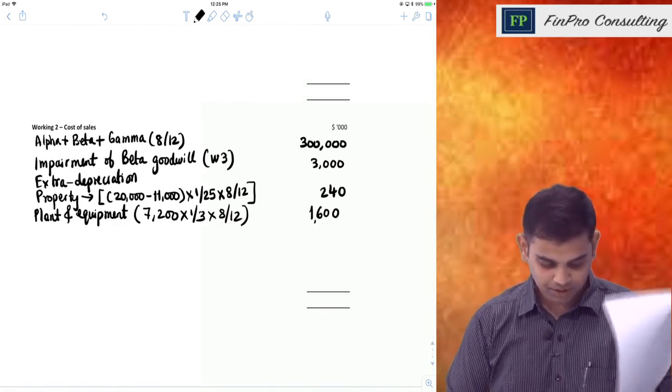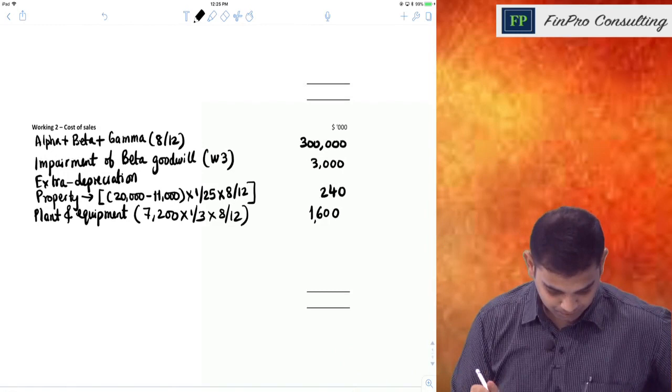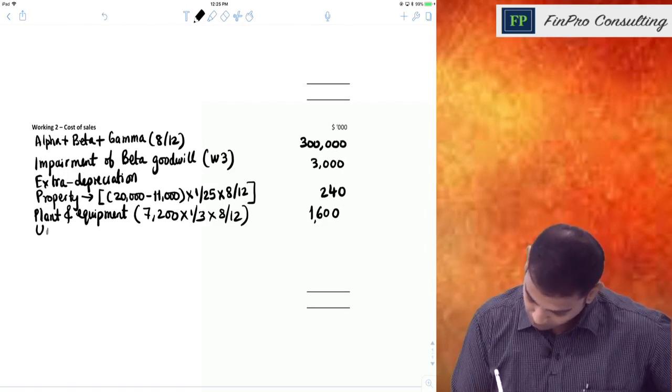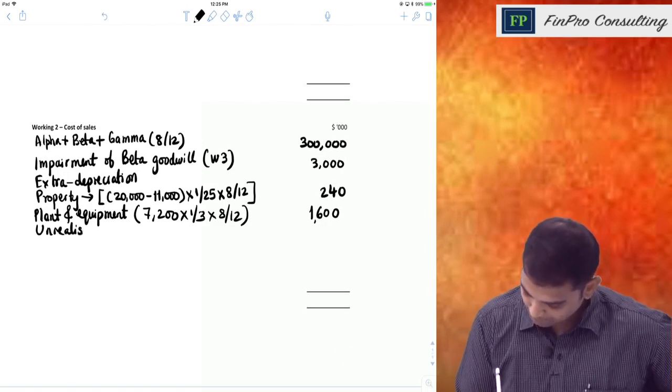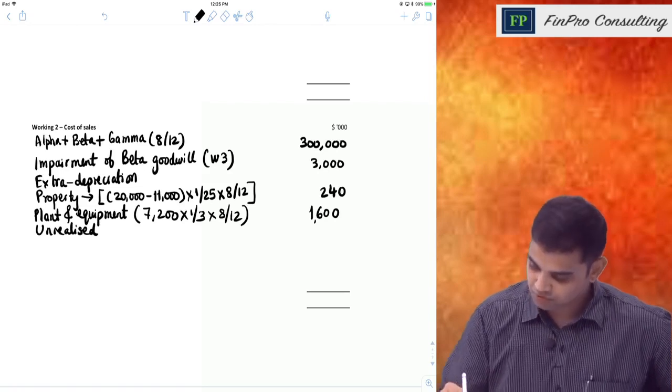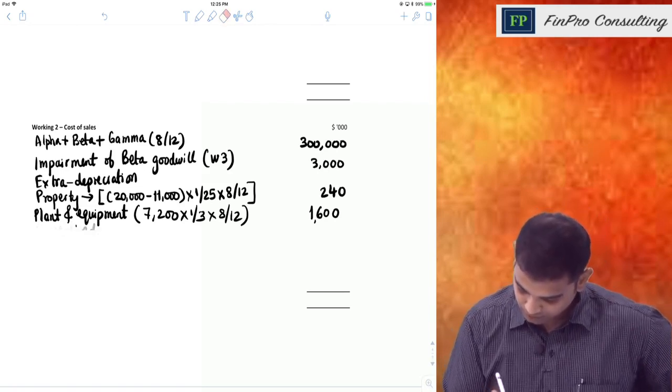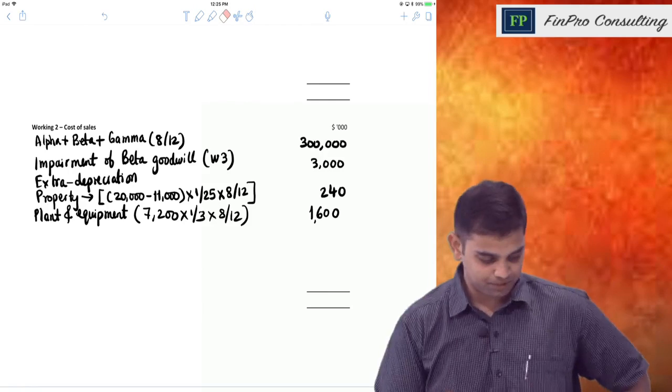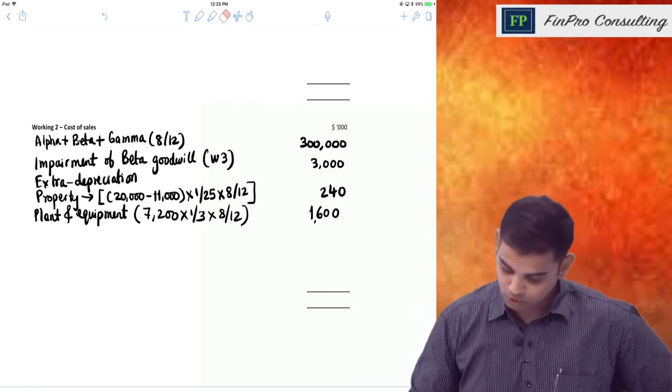Unrealized profits on inventory. Or first we will do an intercompany elimination. Go to revenue.